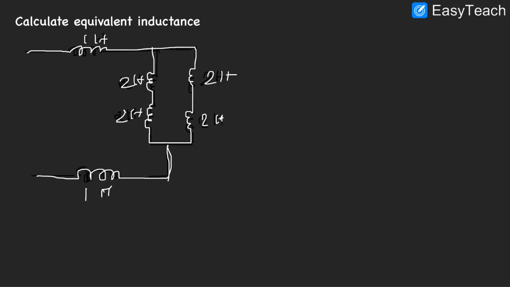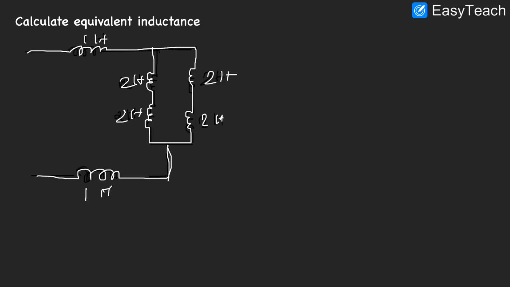Alright, let's solve the next one. And this is our last example. We are going to solve for the equivalent inductance of a network of inductors. So let's say you have a network of inductors and you want to find the equivalent inductance. This works exactly the same way as resistors work.